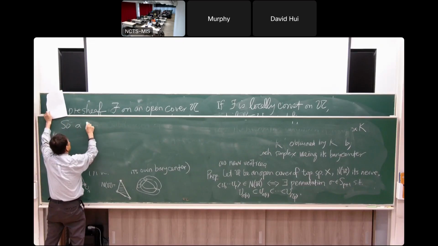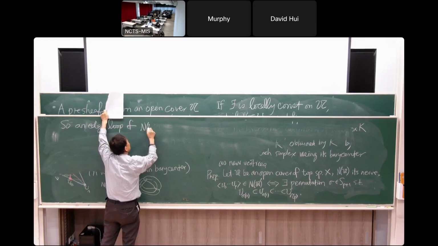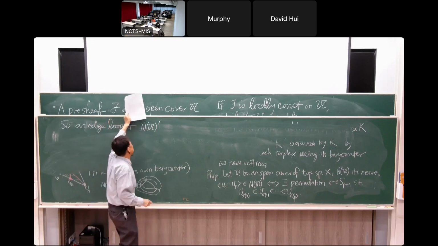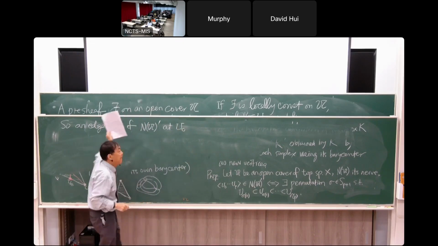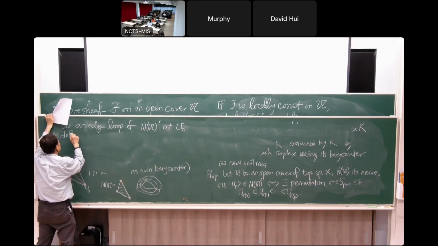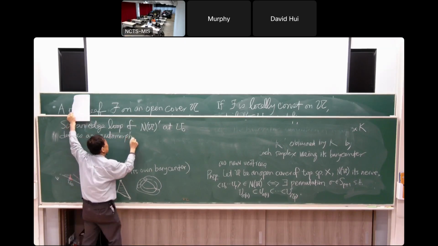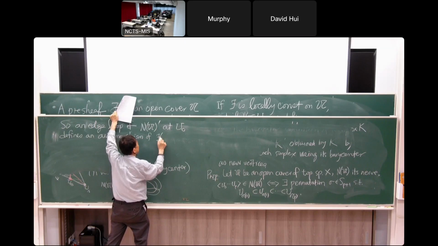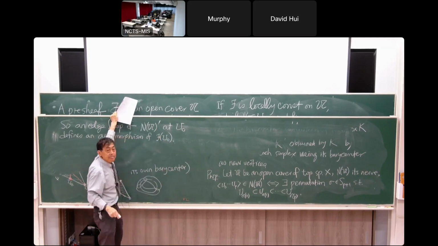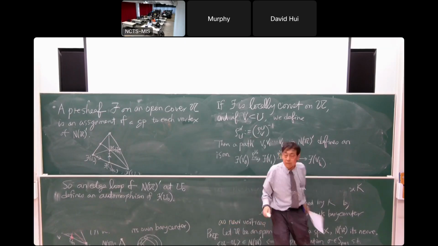So an edge loop of the barycentric subdivision of the nerve at U0 defines an automorphism of F of U0. You'll go from U0 to U0.